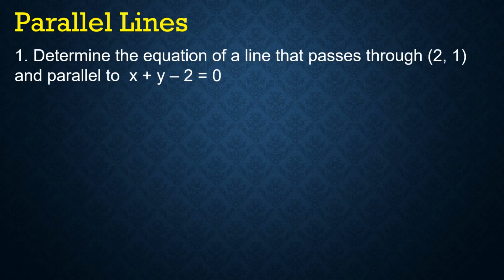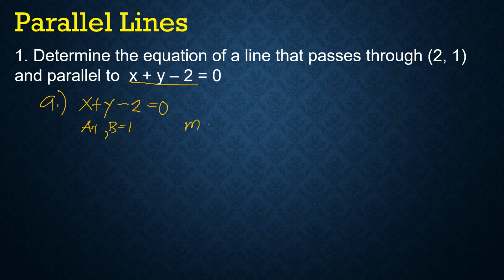Now, how do we determine the equation of a line when there is a point and there is a line that you're going to make it parallel to? The line is x plus y minus 2 is equal to 0. The first step is to find the slope. Here a is equal to 1 and b is equal to 1.